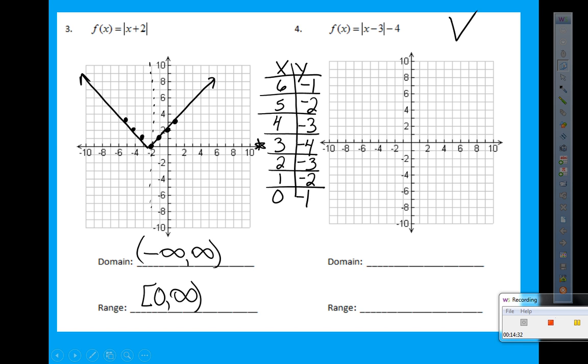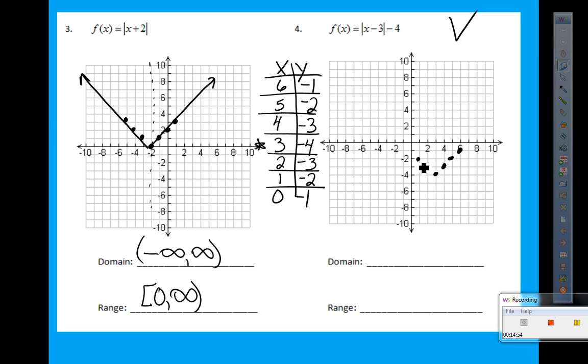So let's plot the points. I've got 6, negative 1. I got 5, negative 2. I got 4, negative 3. I got 3, negative 4. I got 2, negative 3. 1, negative 2.